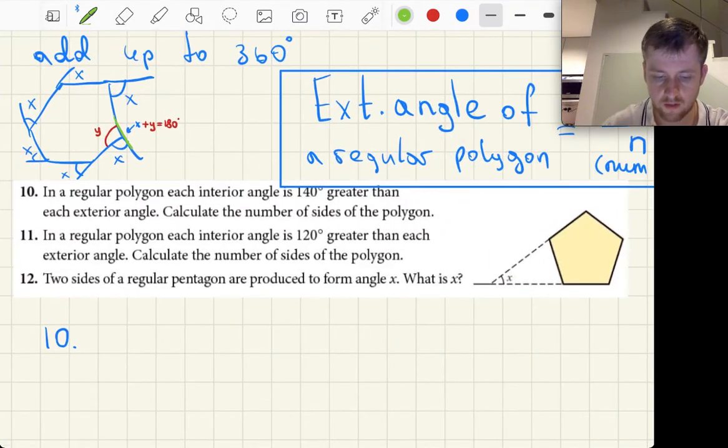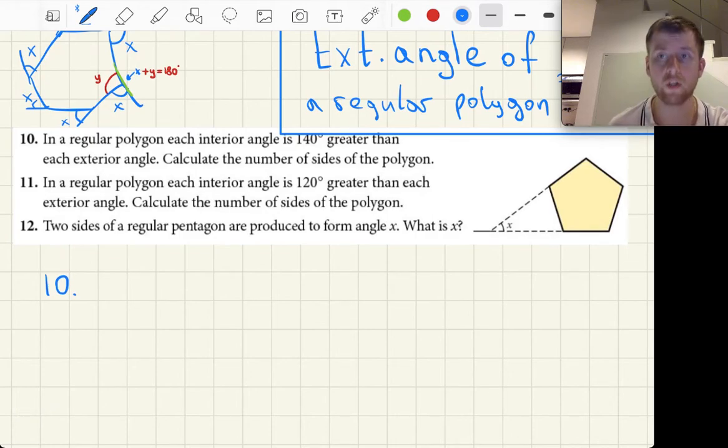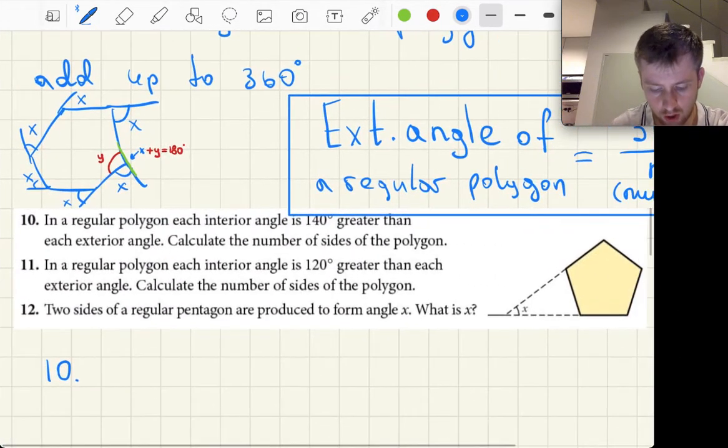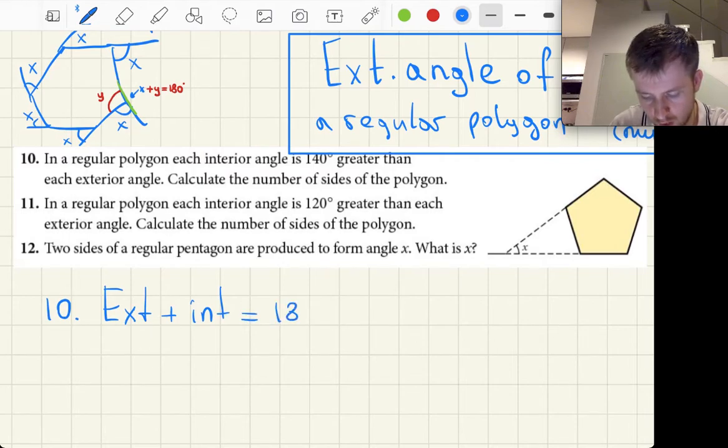So this means that in the regular polygon, each interior angle is 140 degrees greater than each exterior angle. Calculate the number of sides of this polygon. Let's do it. We know that exterior angle plus interior angle is equal to 180.